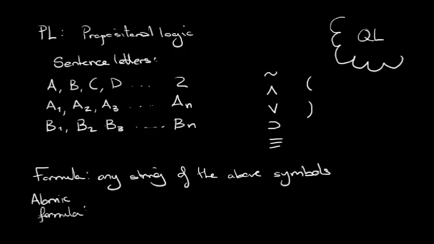An atomic formula is just where we have one symbol, so just one of these sentence letters. So, for instance, A on its own would be an atomic formula. It's the simplest kind of formula that we could possibly have in PL. And of course every other sentence letter in isolation would be an atomic formula.